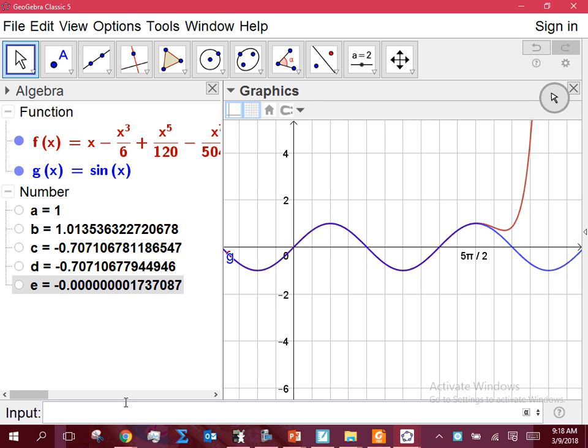Instead of referencing the unit circle or some chart or table, it says, okay, I'm going to input that value into this function, x minus x to the third over 6 plus x to the fifth over 120, and it's going to evaluate inside that function, and then kick back to you what it evaluated, and that then is the approximation. But we're going to make the argument that we're using so many terms in that function that it's not really an approximation, it's the exact value for the sine or cosine.